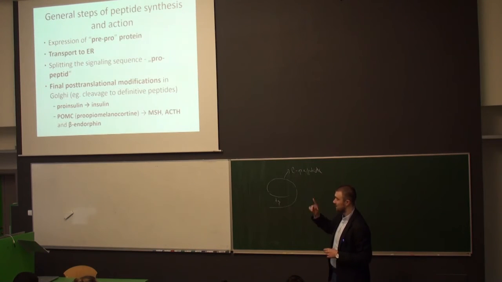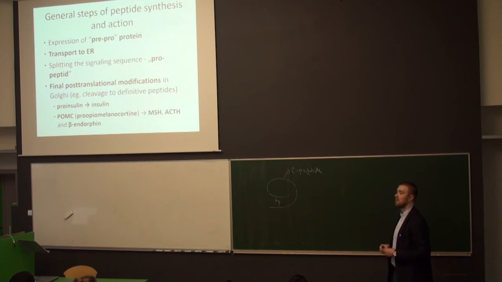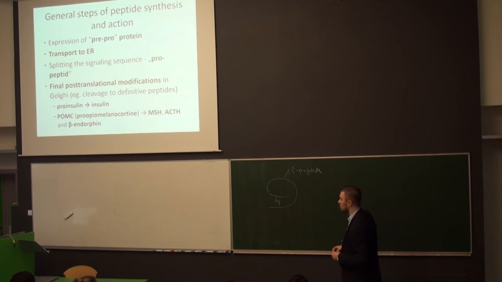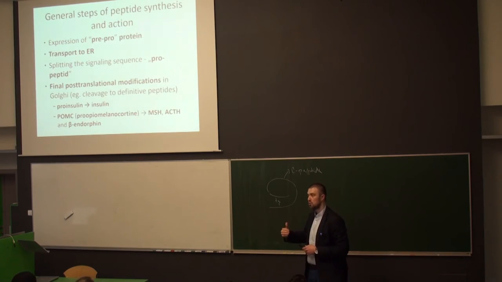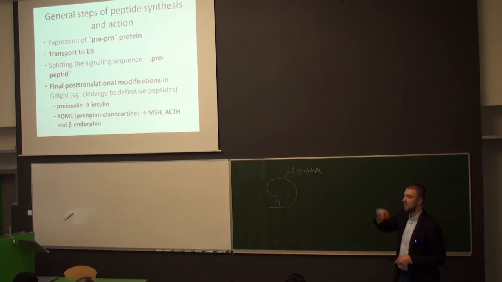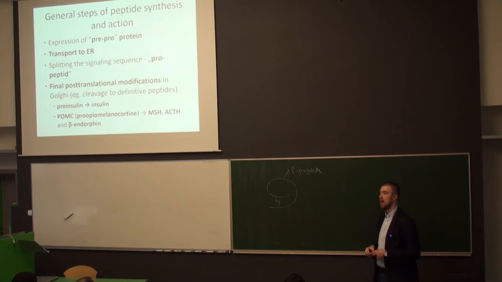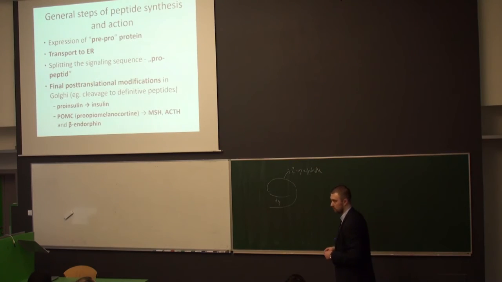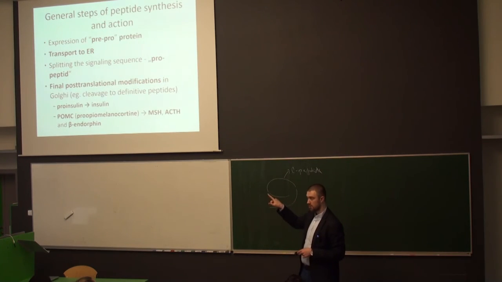The first is melanocyte-stimulating hormone. Second is ACTH, adrenocorticotropic hormone, the hormone that commands to produce the cortisol. And the last is beta endorphin, the endogenic opioid compound. 1 precursor, 3 different products.